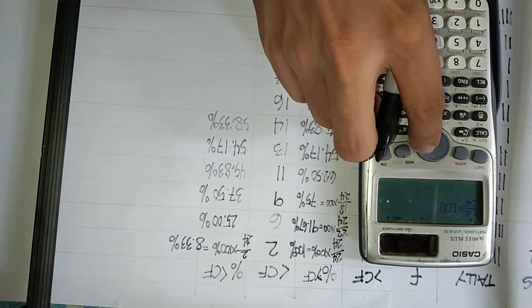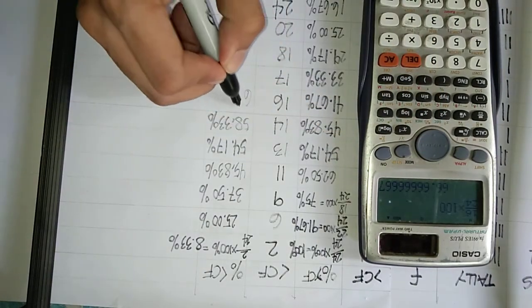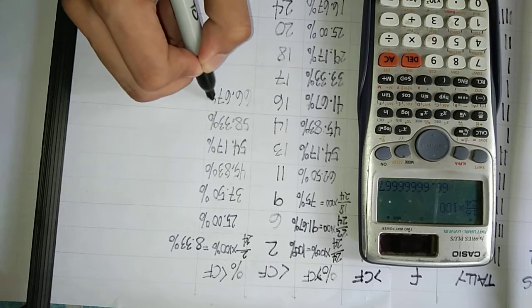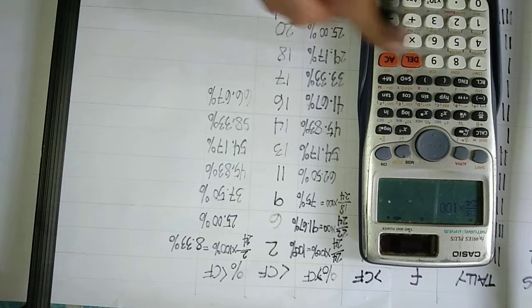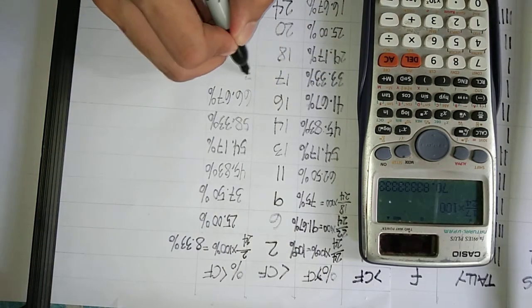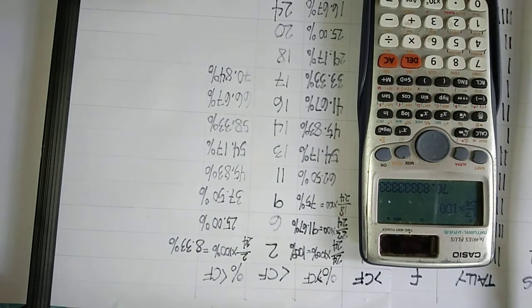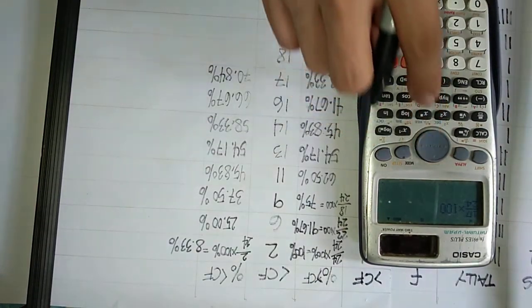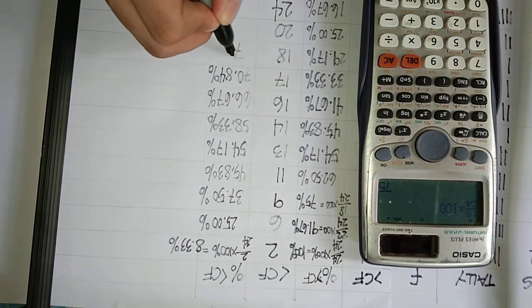Sa 16 naman, we have 16 divide 24 times 100 is 66.67%. For our 17 naman, 17 divide total number of frequency, which is 24 times 100%, we have 70.84%. Okay, last 3. So we have 18 divide 24 times 100, that is 75%.